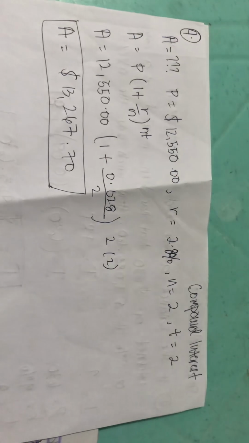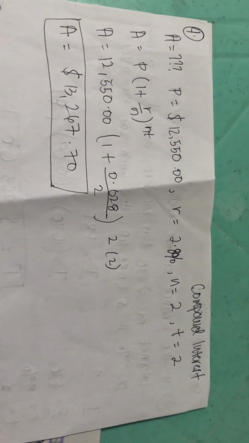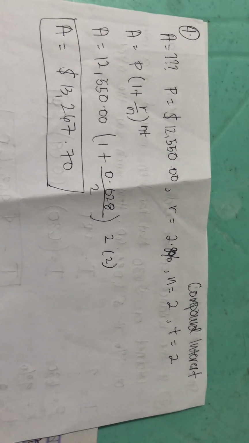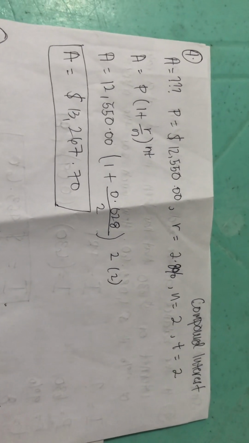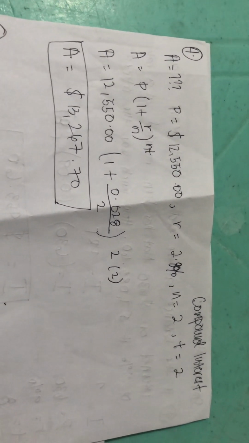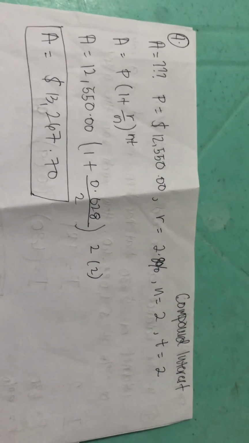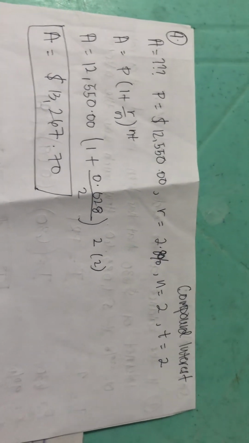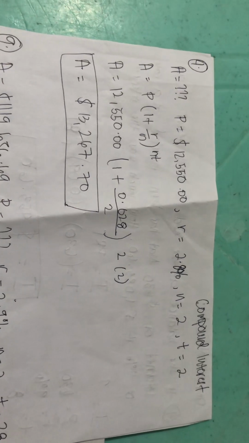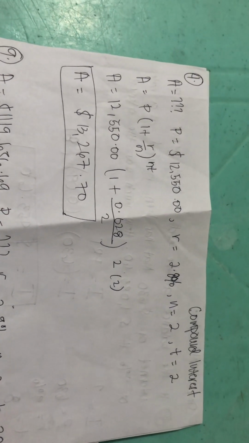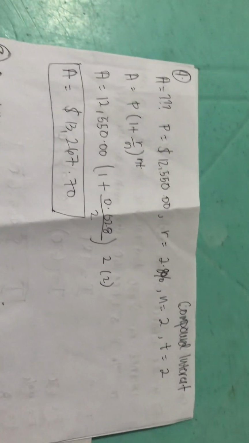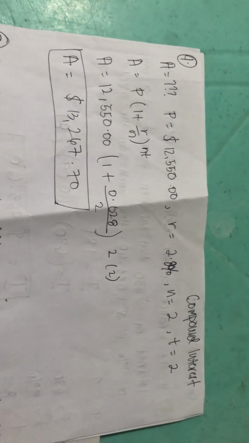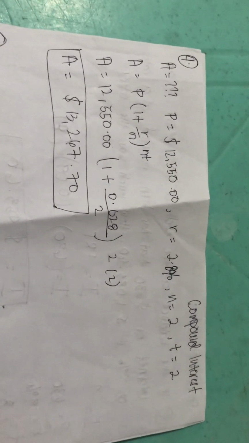The given principal here is $12,550, and the interest rate is 2.8%, and the number of times interest is compounded per year is 2, then the time in years.